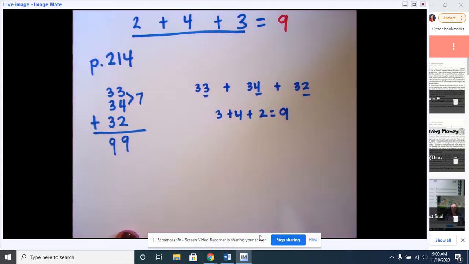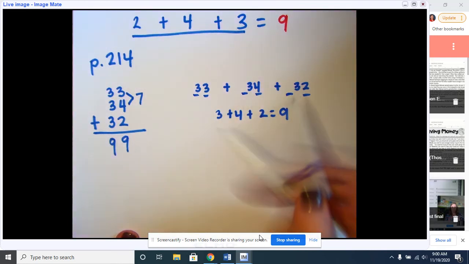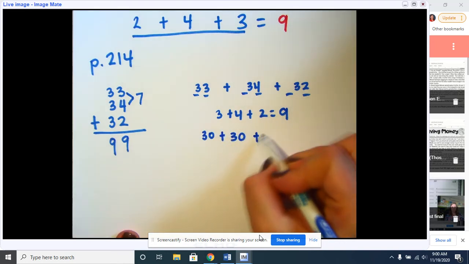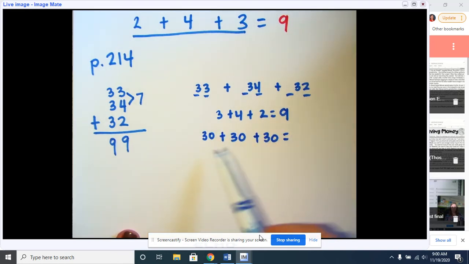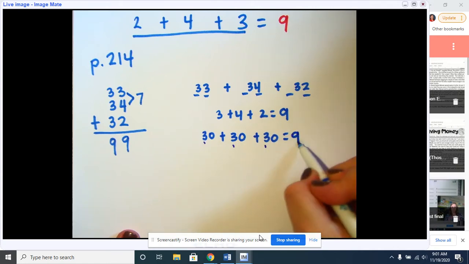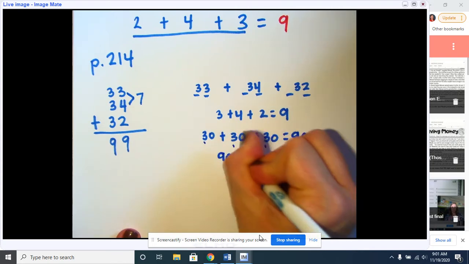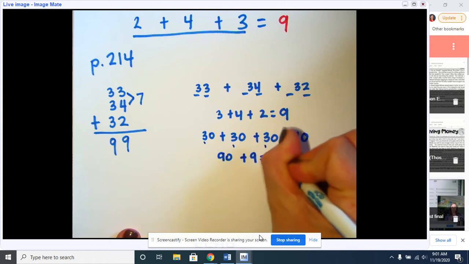And then I'm going to add the tens: 30 plus 30 plus 30. If I know that 3 plus 3 plus 3 is 9, then I know that 30 plus 30 plus 30 is 90. And then I can just add 90 plus 9 to get 99.